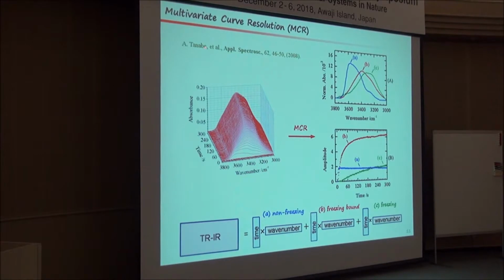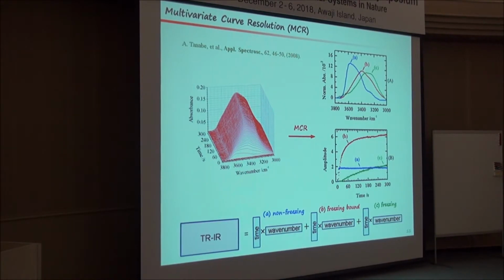And we apply multivariate curve resolution to the time-dependent spectra. I already said there are three types of water in the PMEA matrix: non-freezing water, free water, and intermediate water.